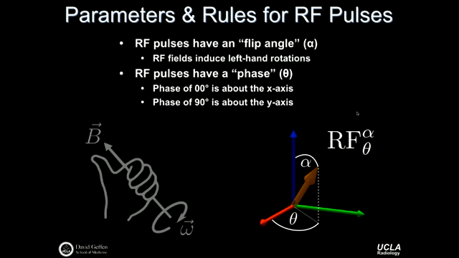So as engineers, you could say, oh, I need a 90-degree flip angle and I want it to be phased along the x-axis. Well, if I want it phased along the x-axis, by convention, we mean a phase of 0 degrees. If I want it phased along the y-axis, by convention, we mean a phase of 90 degrees. And so now I can say, I want my flip angle to be 45 degrees. I want my phase to be 0 degrees. What's the operator that will impart that on my spin system?